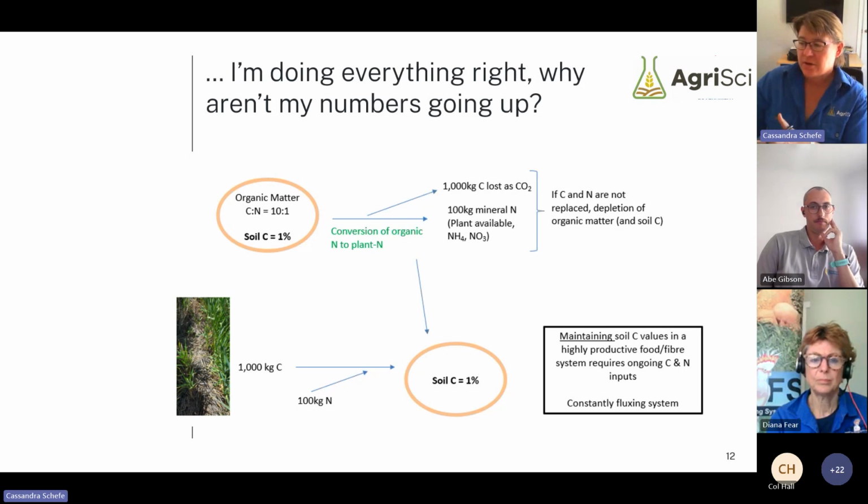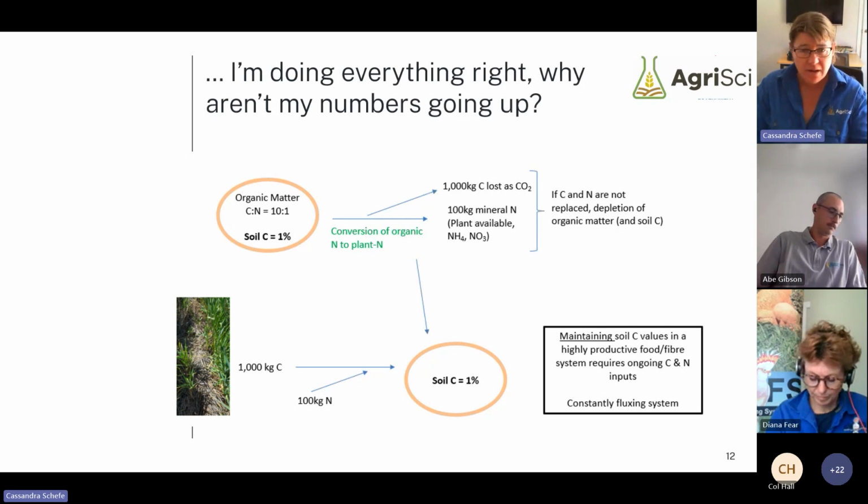If those carbon and nitrogen values aren't replaced, if that nitrogen doesn't come back into the system, then we'll just keep depleting that soil carbon over time. So that's a straight mining effect. But if next year, or in 2 years' time, 3 years' time, you come back and measure the same spot in the paddock again, and you're still at 1% carbon, and you go, oh, I'm doing everything right, but my carbon numbers aren't going up.